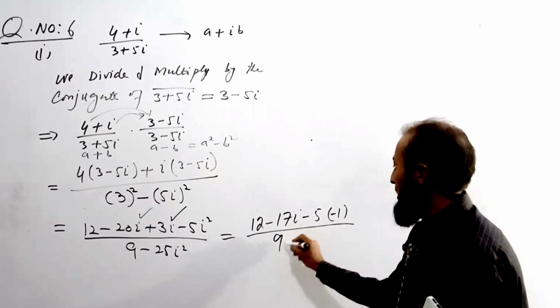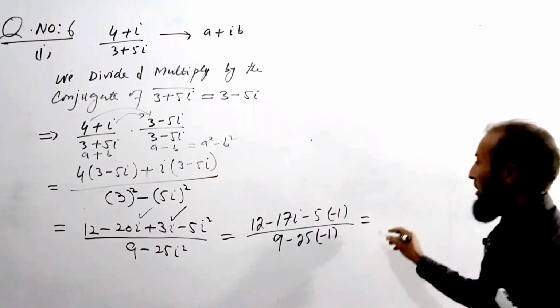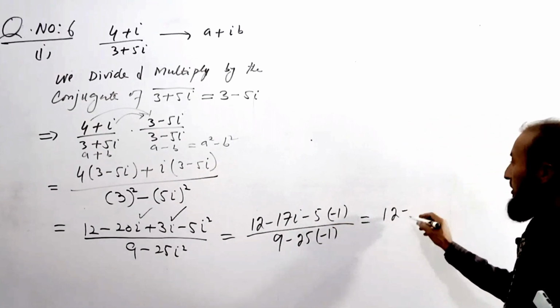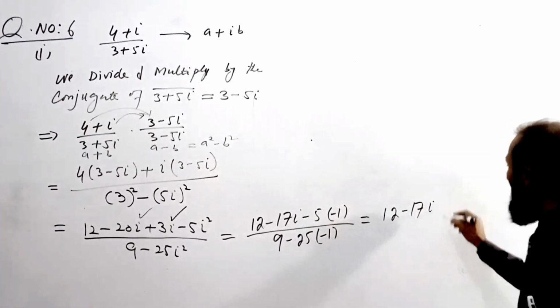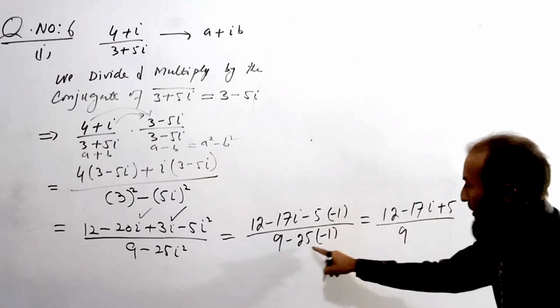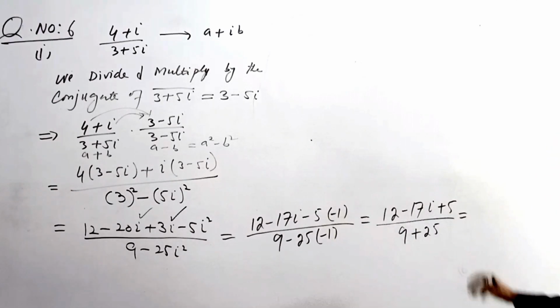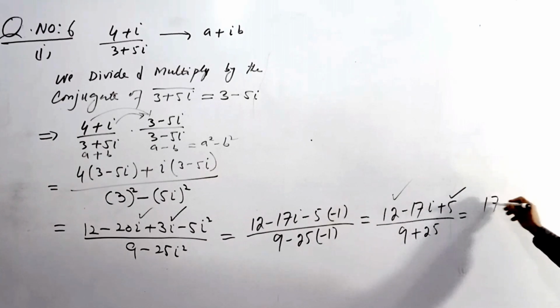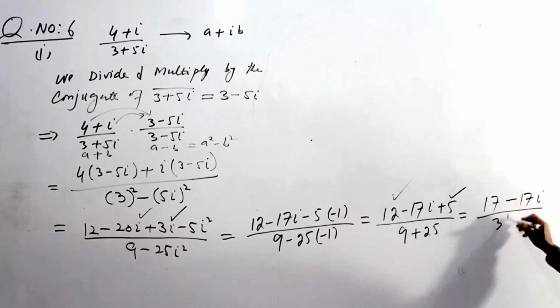Divided by 9 minus 25 in the place of iota square minus 1. Now 12 minus 17 iota, minus into minus plus 5. 9, minus into minus plus 25. Similarly, here is the real part, here is the real part. So we get 17 minus 17 iota divided by 34.